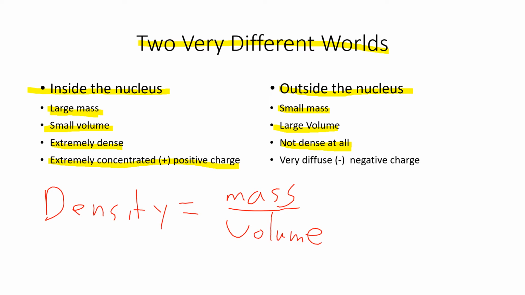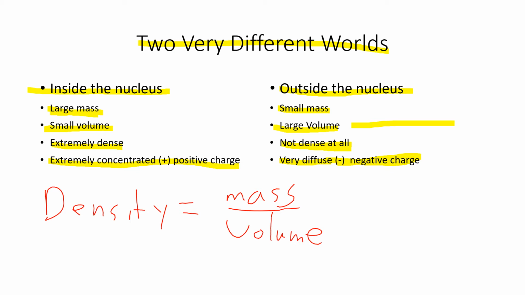Now, sure, we do have all of the negative charge located outside the nucleus, but remember, we have a very, very large volume. Because we have a very large volume, that negative charge gets spread out. So we would say this is a very diffuse or spread out negative charge outside the nucleus.